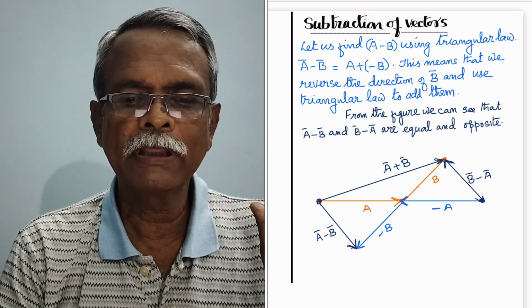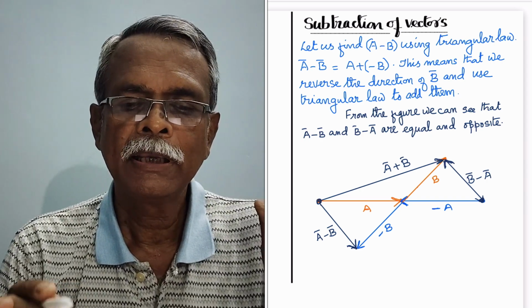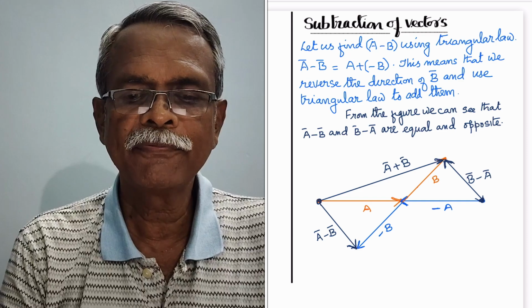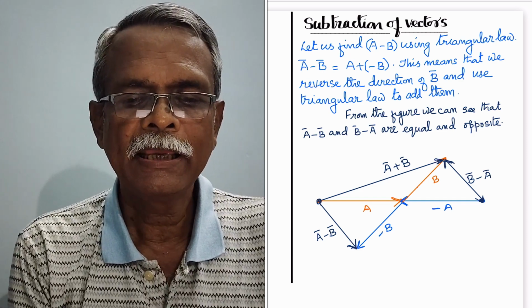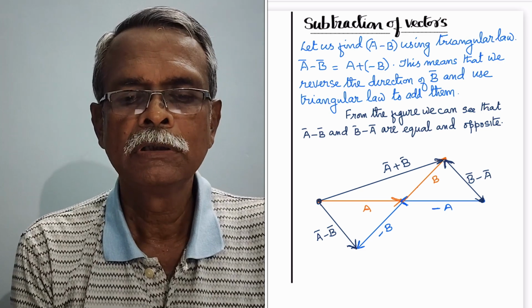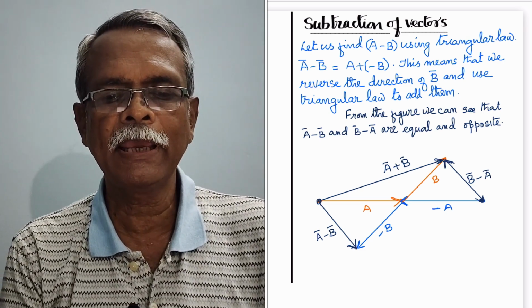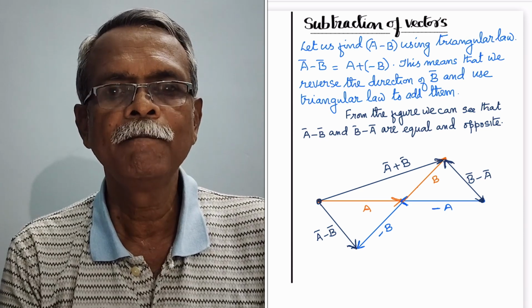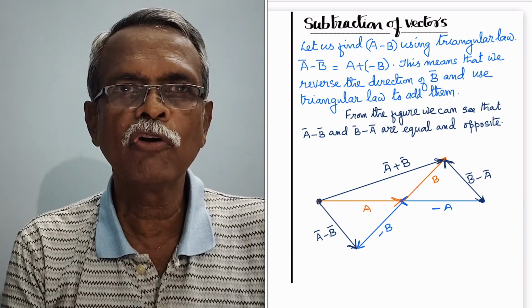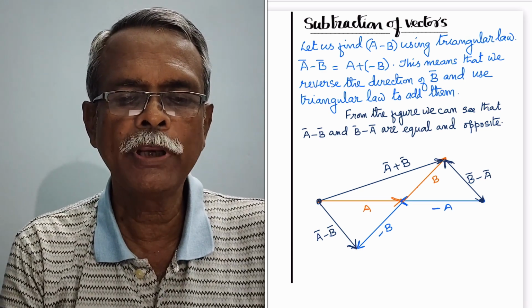We can look at the figure, and there I have marked A plus B, A minus B and B minus A. That is, this is the vector A, and this is the vector B. To add A and B, we join the tail of B to the head of A and then join these two lines.